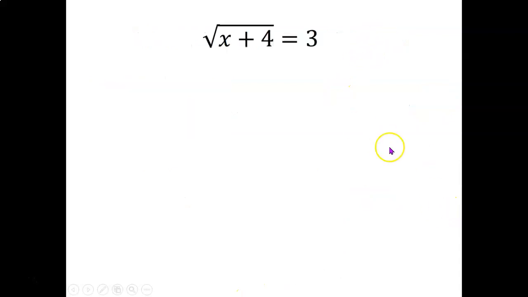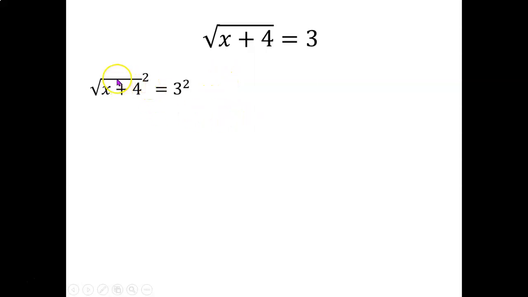Okay, let's try some examples. The square root of x plus 4 equals 3. First thing we need to do is isolate the radical. The radical already is by itself on one side of this equation, so that's taken care of. Now square both sides. The square root of x plus 4 squared equals 3 squared.